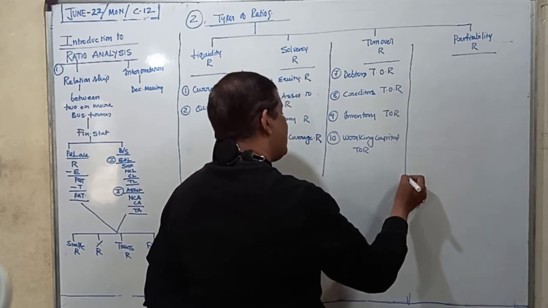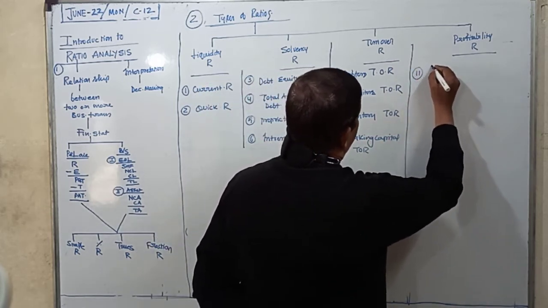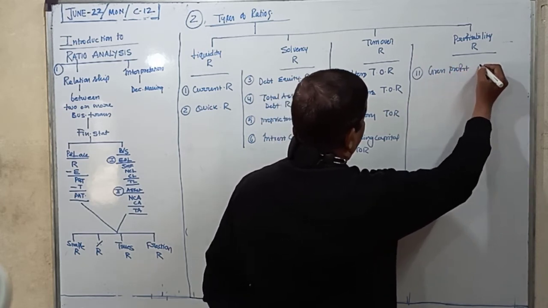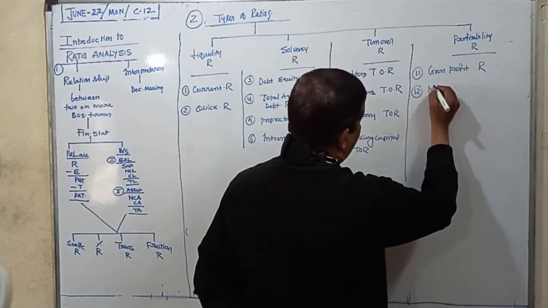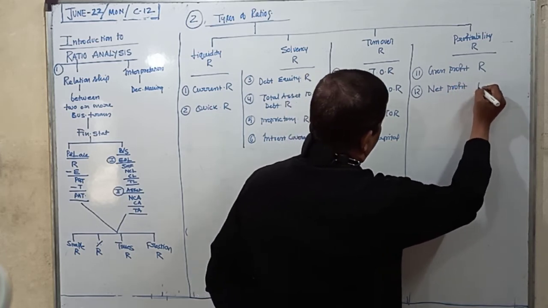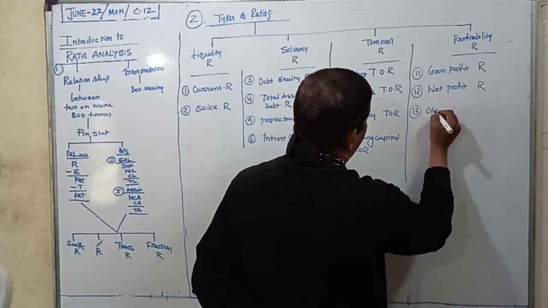And finally we come to the profitability ratio. I'm continuing the number. We see gross profit ratio. Next we see net profit ratio. Next we see operating profit ratio.